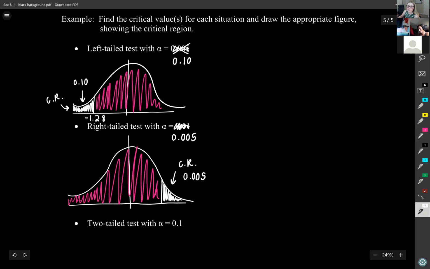If I want to find the z-value associated with an area to the right of 0.005, I need to look up on my chart 1 minus 0.005. This will give you a value of 2.58.